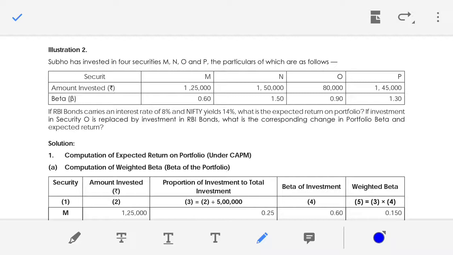Further we need to replace O with RBI bonds, that is risk-free return, and calculate how much return we can expect in that scenario. That's what they might ask. What is the corresponding change in portfolio beta and expected return when O is replaced with RBI bonds? So the question is completed. Let us get into the answer.